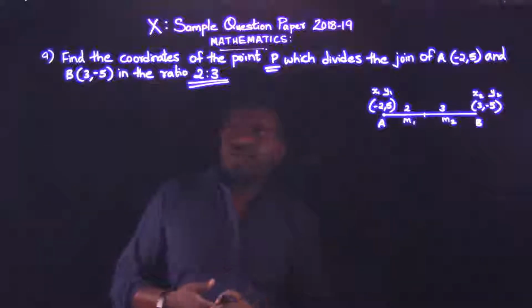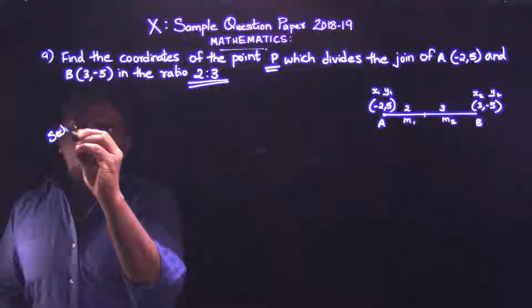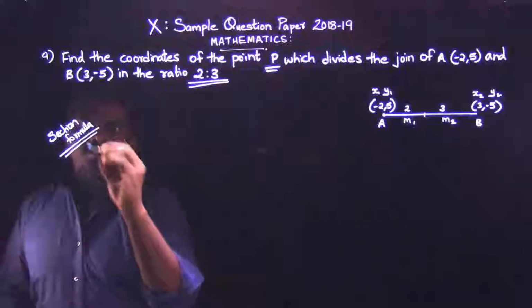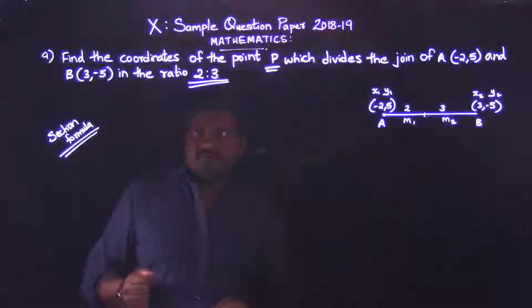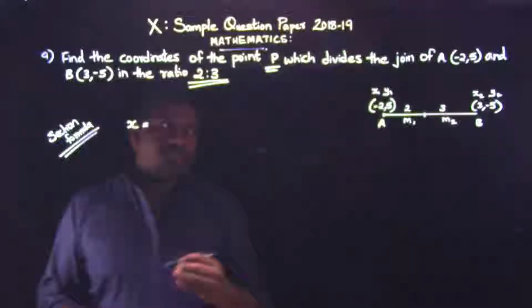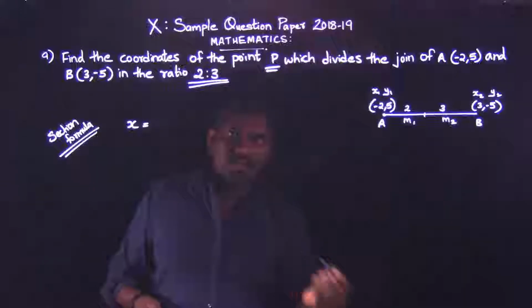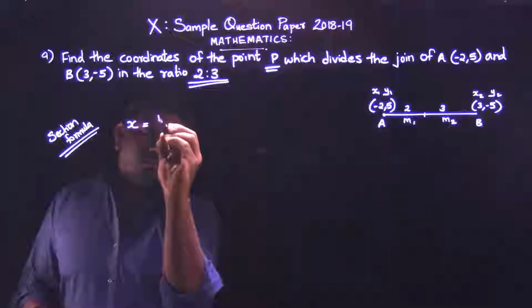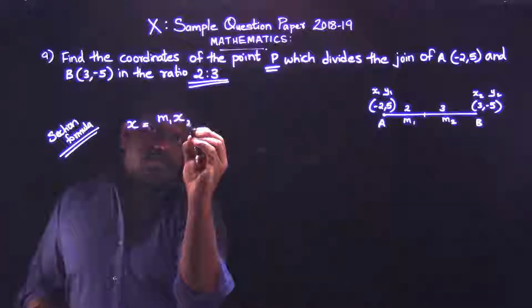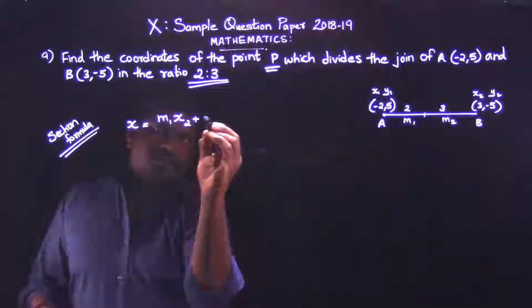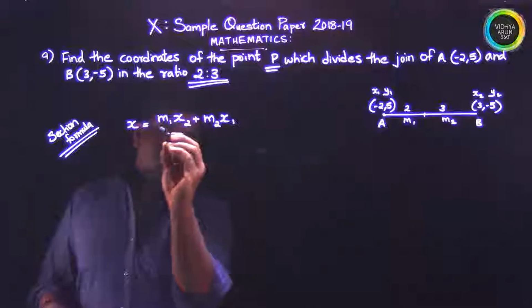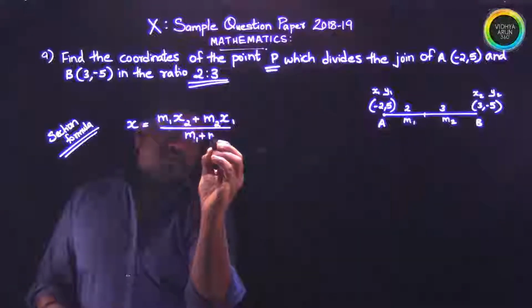So we have a formula that is actually called the section formula. I hope you know this one, right? In order to find the value of x, what is the formula for finding the coordinate of x? It is m1 into x2 plus m2 into x1 by m1 plus m2.